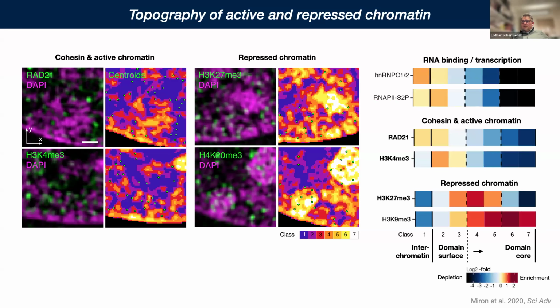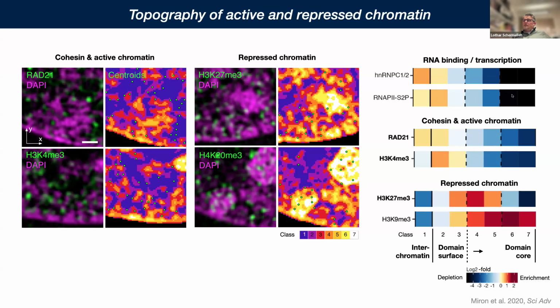And if we did this with a whole bunch of different markers, and I'm just putting out some examples here, we can actually use this segmentation into 7 arbitrary classes, if you like, where we allocate class 1 for interchromatin space, 2 and 3 defines the outside of chromatin, like the surfaces, and then 4, 5, and so on, going further to the inside, and basically can create these heat maps.